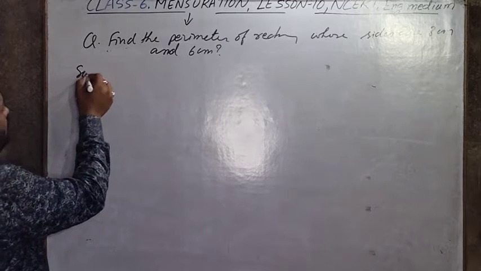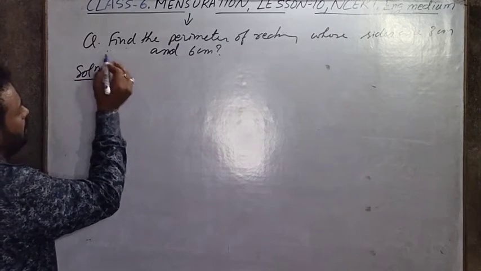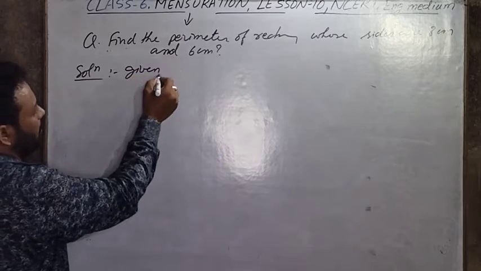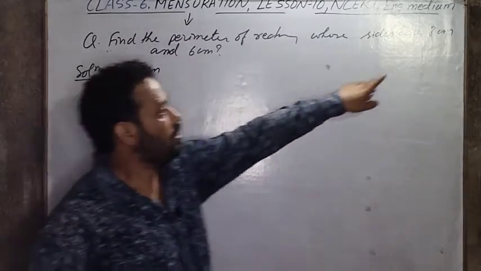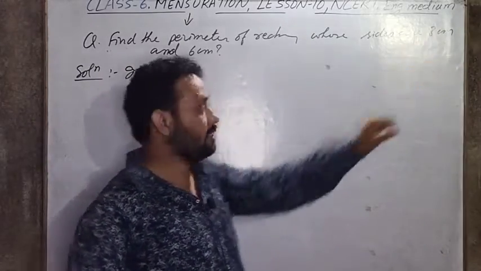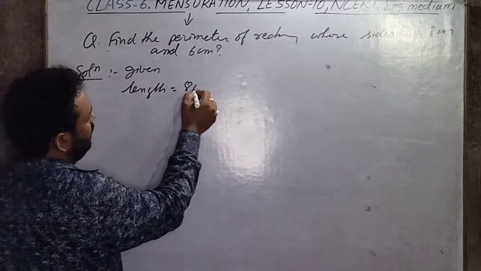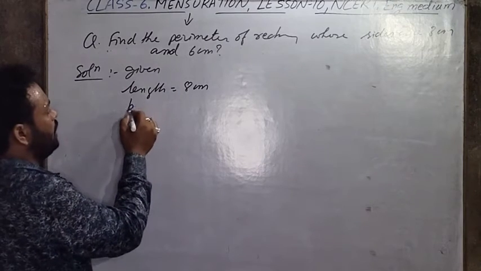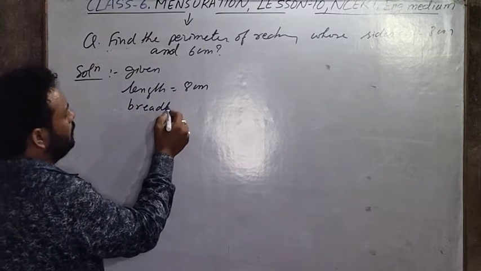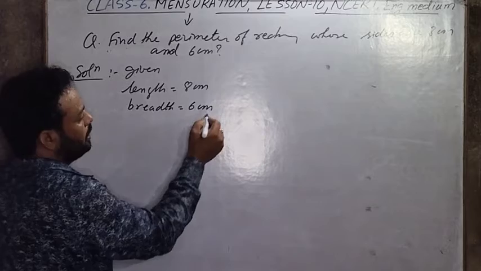So how to solve it? You will write like this. Given. What is given? Sides are given. Longer side is length. So given length is equal to 8 centimeter and breadth is equal to 6 centimeter.